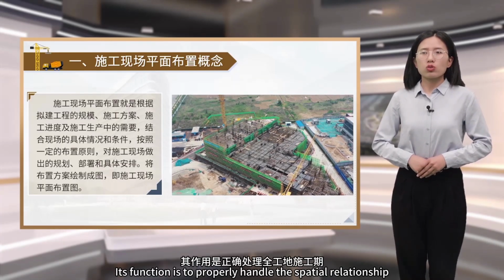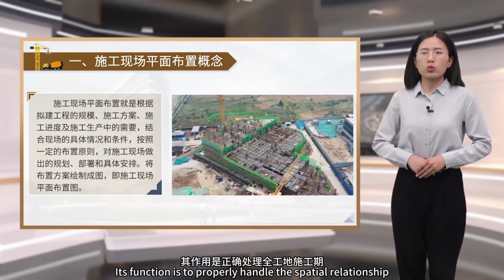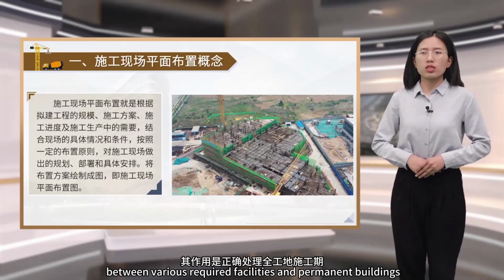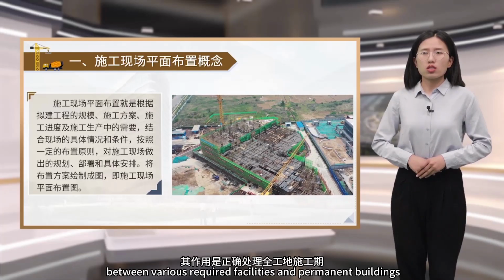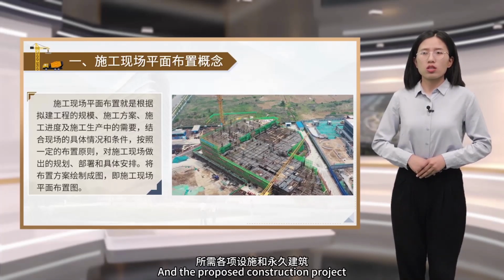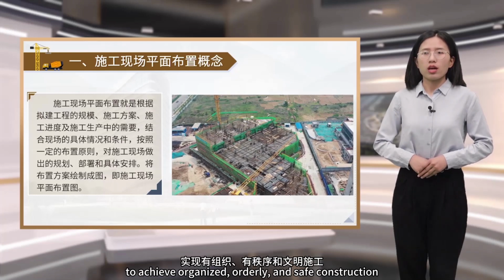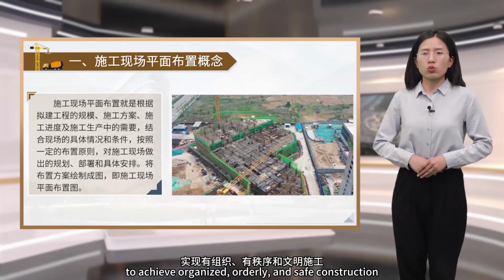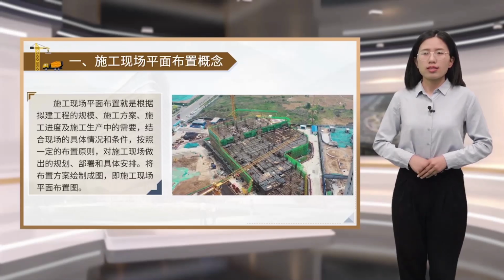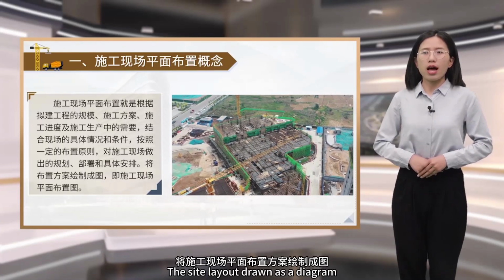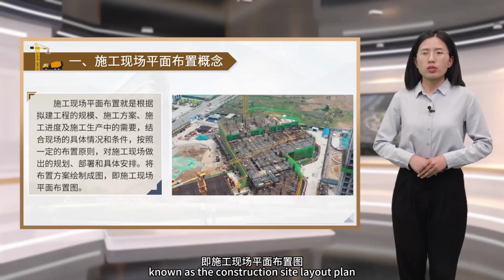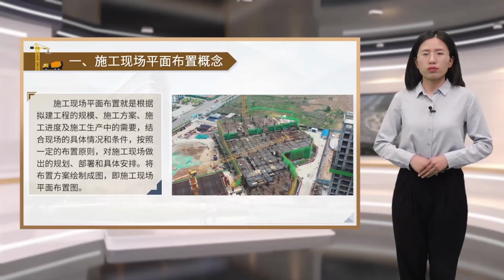Its function is to properly handle the spatial relationship between various required facilities and permanent buildings, and the proposed construction project, guiding the site throughout the construction period to achieve organized, orderly, and safe construction. The site layout drawn as a diagram is known as the construction site layout plan.